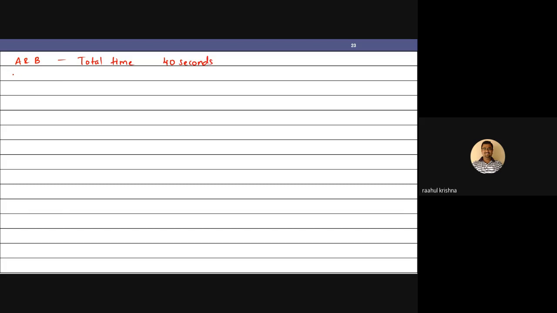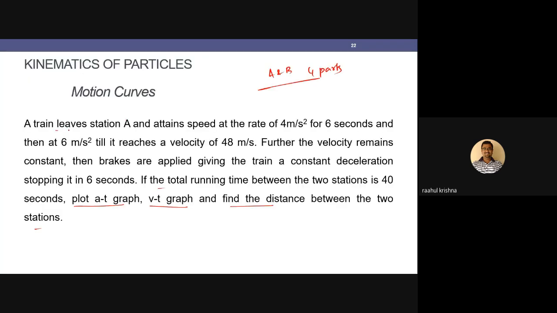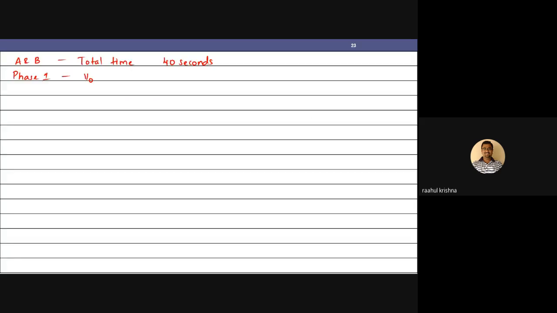Now I have my phase one. In phase one, what is my initial velocity? V0, right? It is leaving station A and nothing else is given, so I can assume my initial velocity V0 as 0.